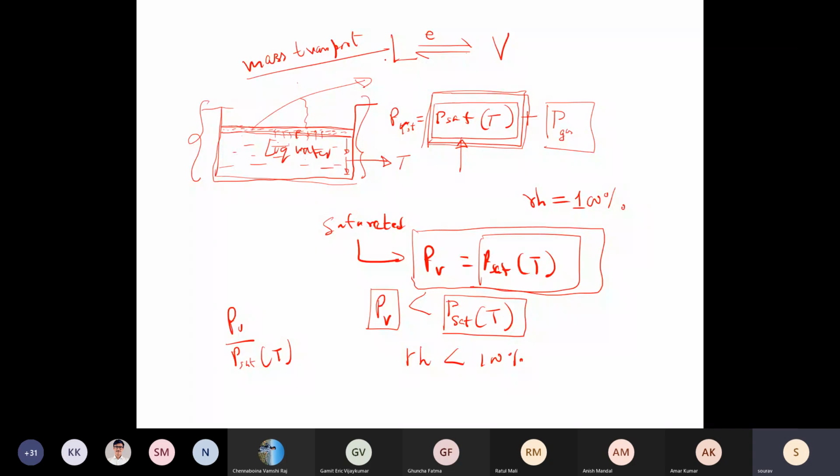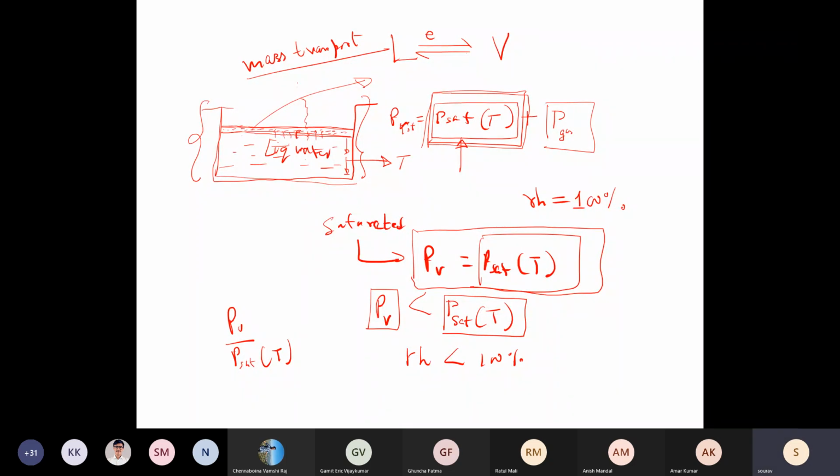Okay. And the potential for this mass transport is the concentration gradient of the water vapor in your air. Okay, again, air is just acting as a secondary medium. It can be any gas. Okay, if you take this container of water to Mars, even there also you will see the same phenomenon.